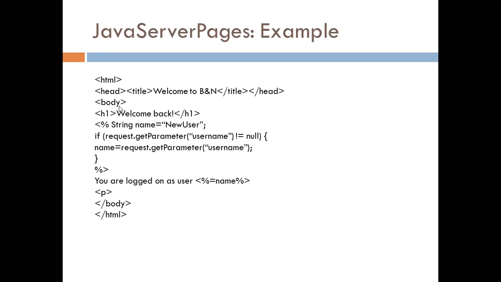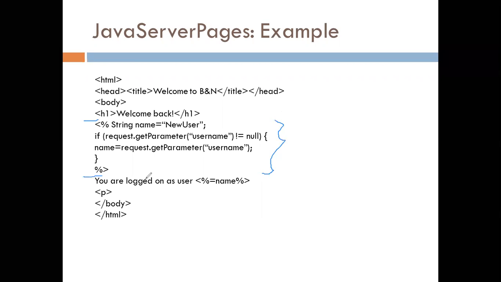Then in the body tag, we are writing the H1 tag, that is "Welcome back". And then we are embedding the Java. You can observe over here that this entire marked part is the Java part in the HTML page.